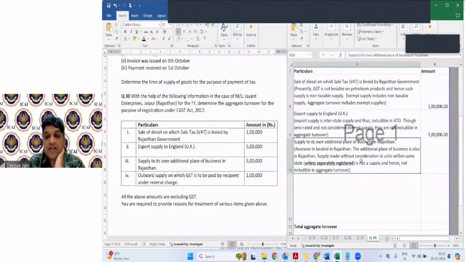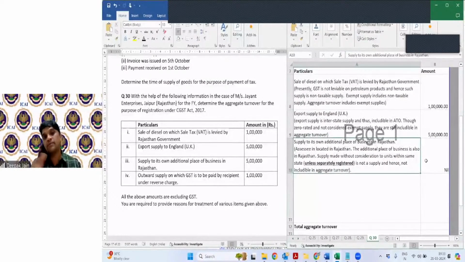Then supply to its own additional place of business in Rajasthan. The additional place of business also is in Rajasthan. Supply made without consideration to units within the same state, unless specifically registered, is not a supply and hence not includable in the aggregate turnover. This I will not include. Why? Because it's an additional place of business. When I say it's an additional place of business, it means it has one registration.